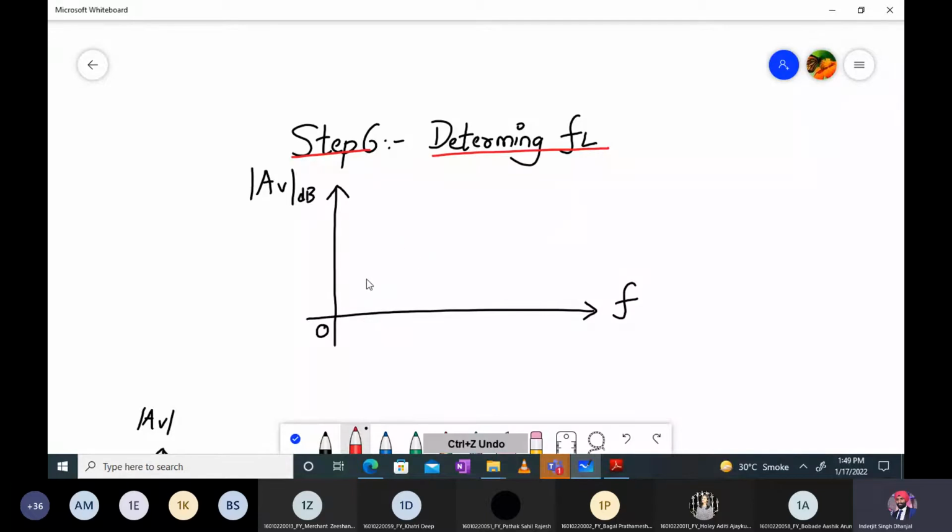And due to FL of CC2, our graph is something like this. And due to FL of CE, our graph becomes something like this.